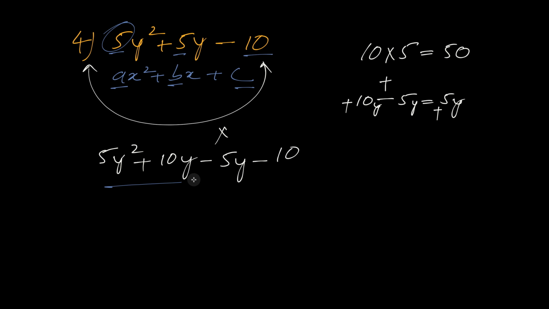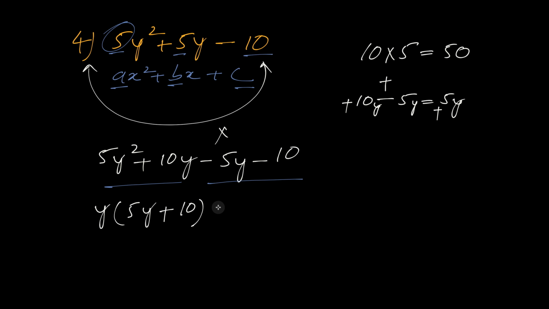Now take the common between these two terms, which is y. I am not going to write y divided by y because so far we have seen how we can divide and take the common factors. Now y is gone, so I'm going to get 5y plus 10. 10y divided by y is going to be 10.